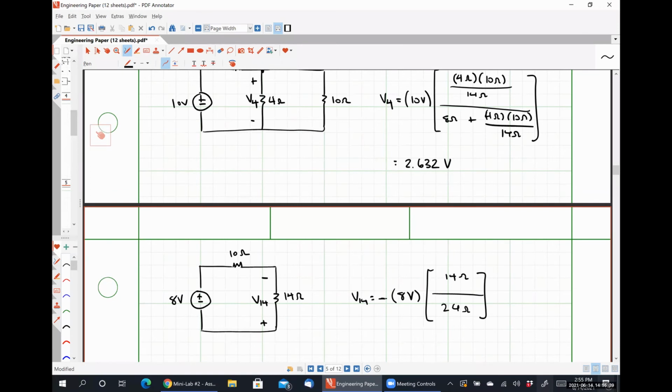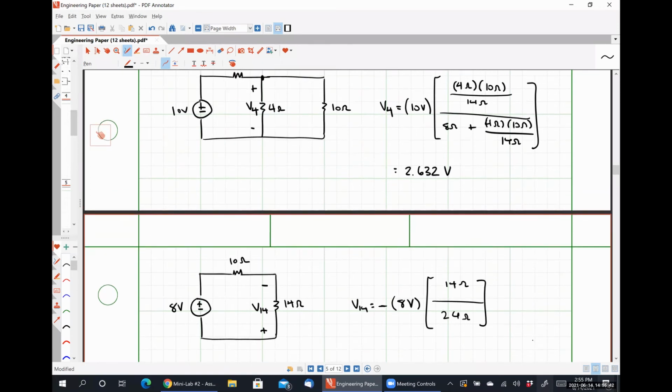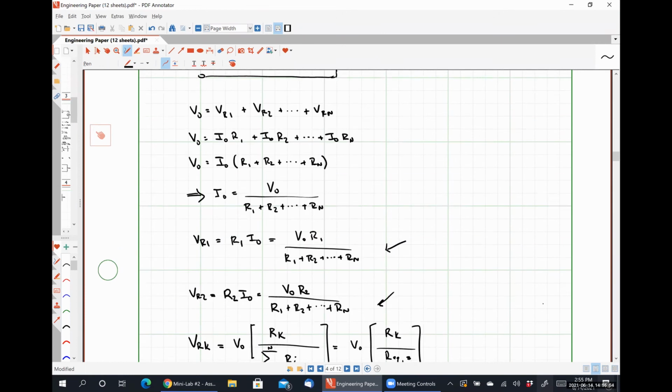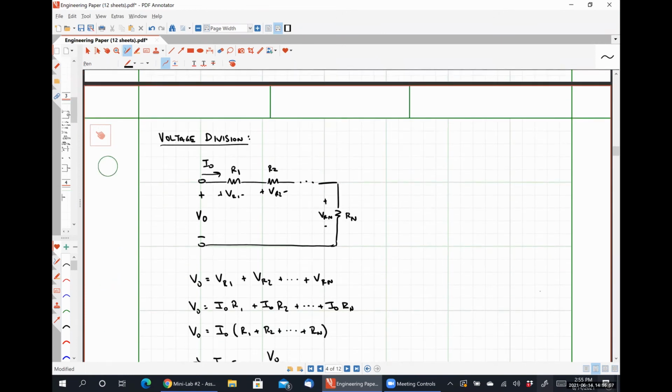The reason we have to apply the negative sign is because the polarity of the voltage that we are trying to find is not what we would expect for voltage division. Let me go up here real quick to show you what I mean. When I assigned all of these voltages, I had positive polarity of the resistor voltage connected to the positive polarity of the known voltage.